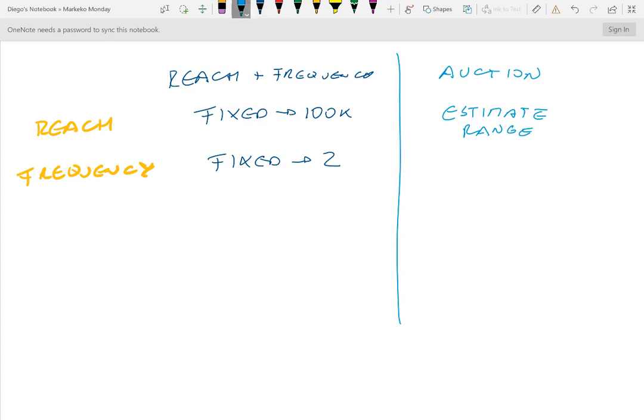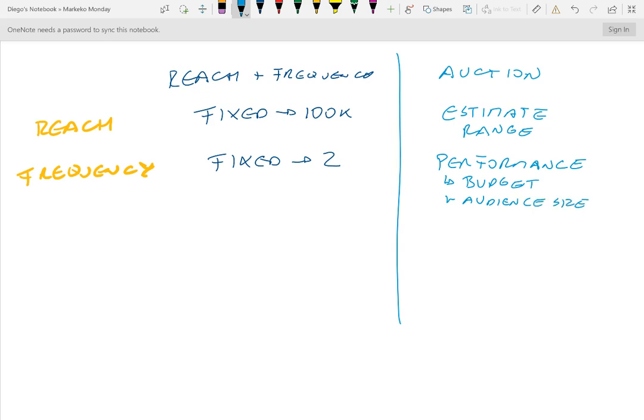With auction, this is going to be based on performance, and it's also going to depend on two variables: one is your budget, and two is audience size.